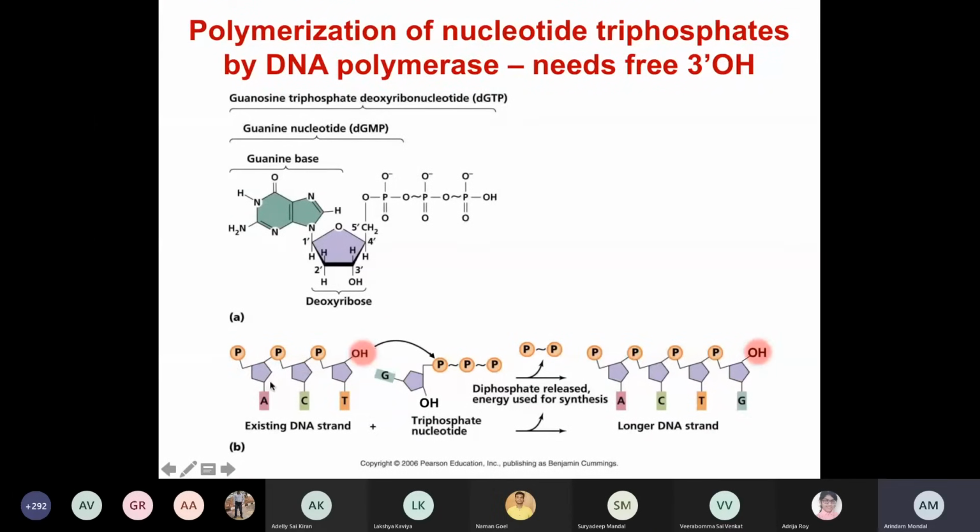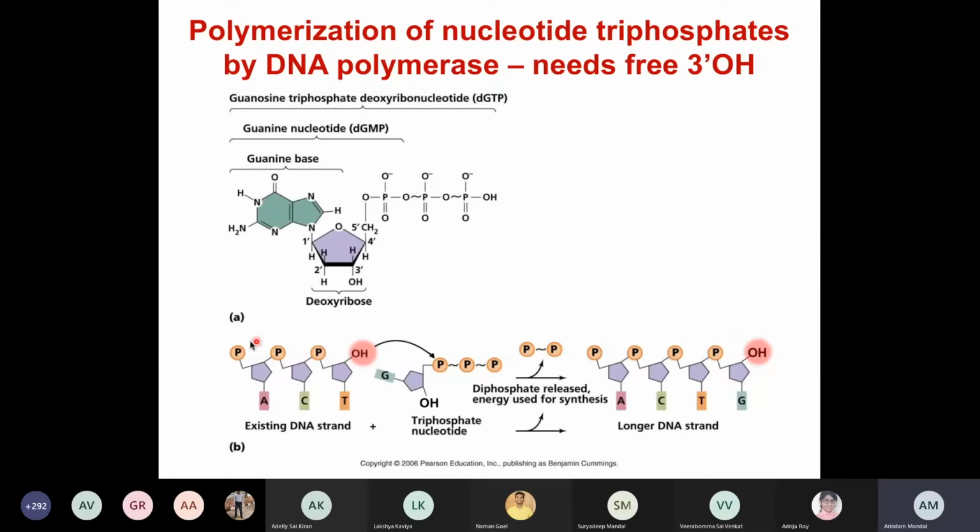Now say for example this is an existing DNA strand. So this is sugar, base, and phosphate. Again, sugar, base, and phosphate, and these two moieties.